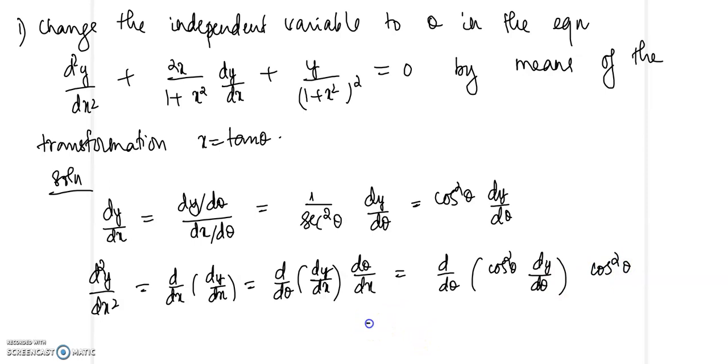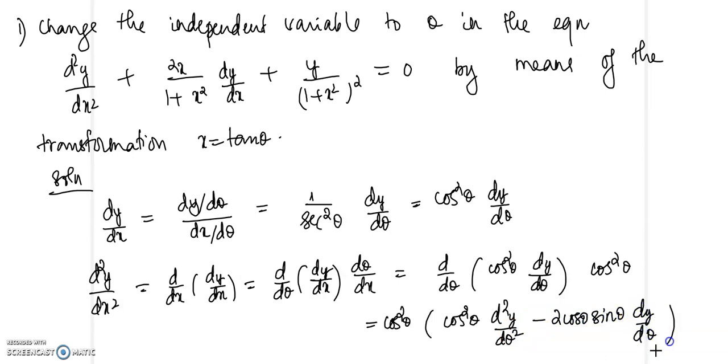So this will be cos square theta into, taking the derivative here using product rule, you will get cos square theta d square y by d theta square minus 2 cos theta sin theta into dy by d theta.